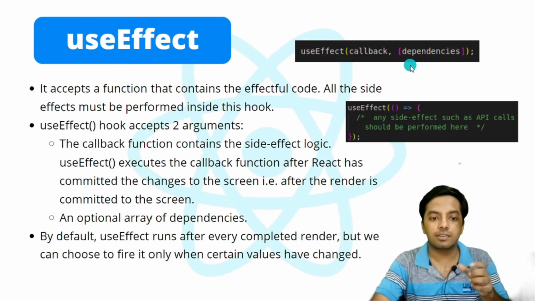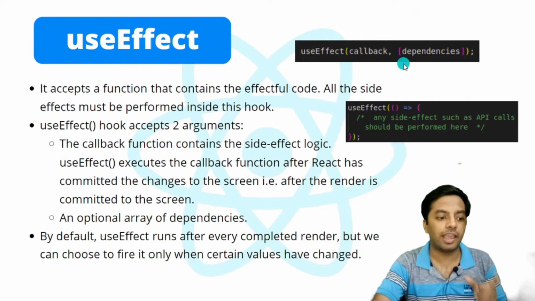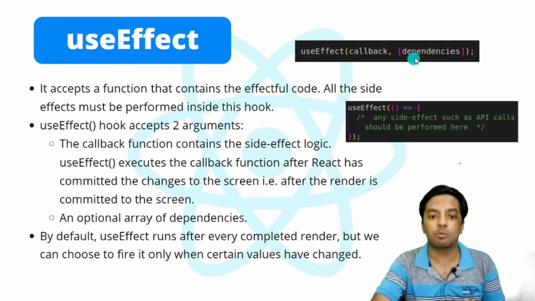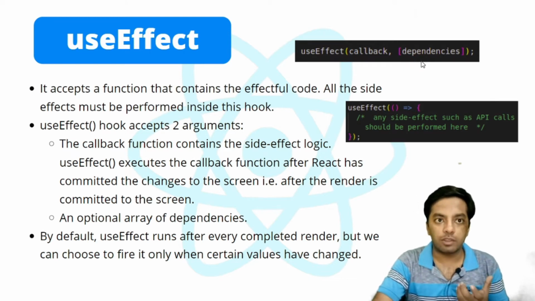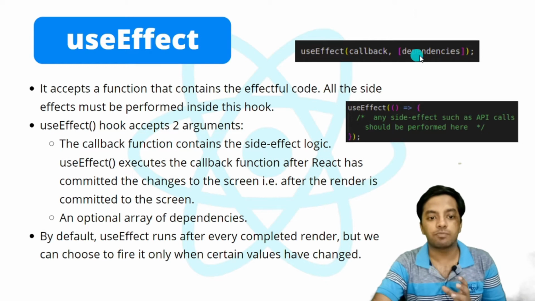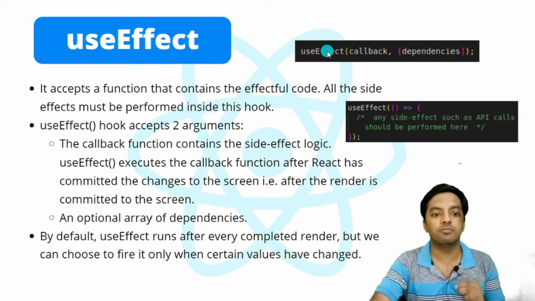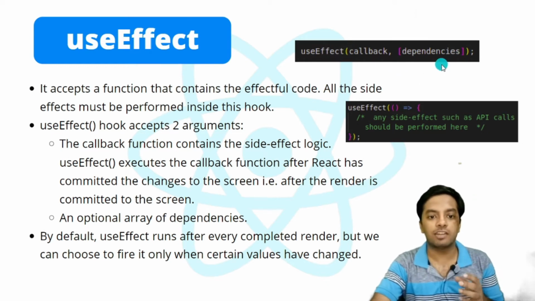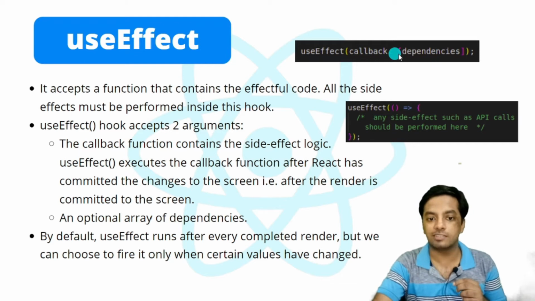And the second is an array of dependencies. It's an optional array of dependencies. What does this mean? The values that are passed inside this array, based on these values only, the useEffect hook will be called again. Let's say we passed a state value count inside this dependency array.